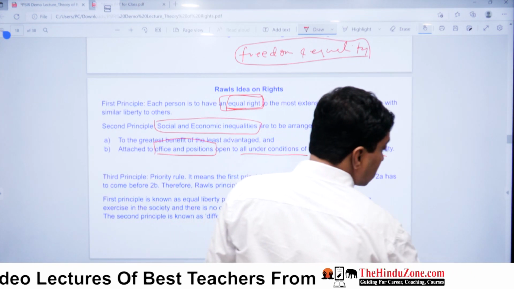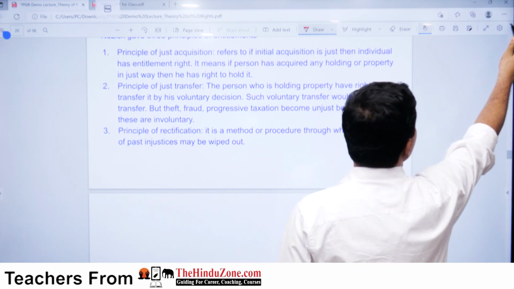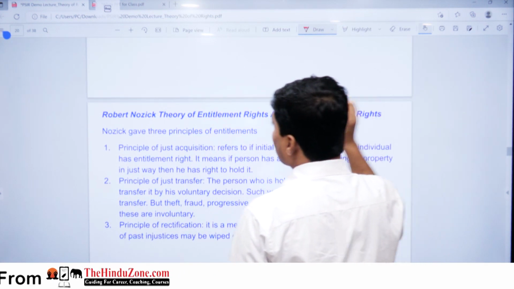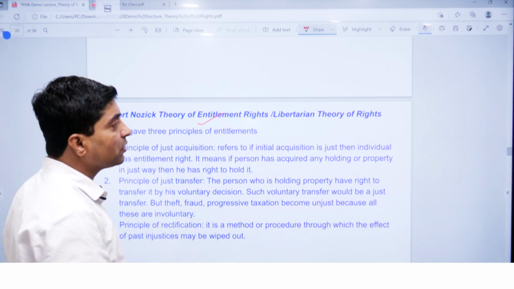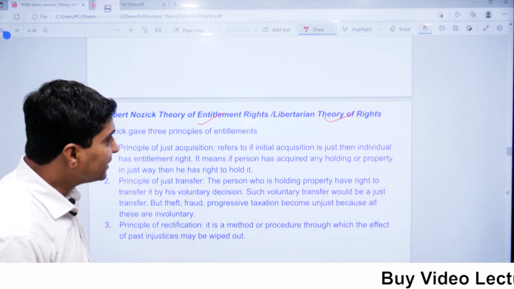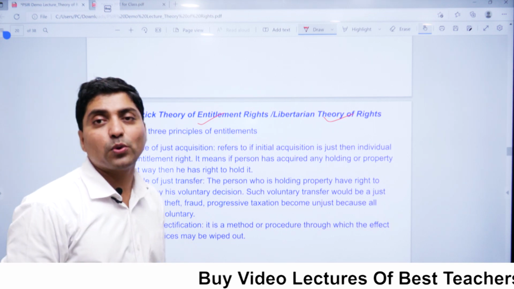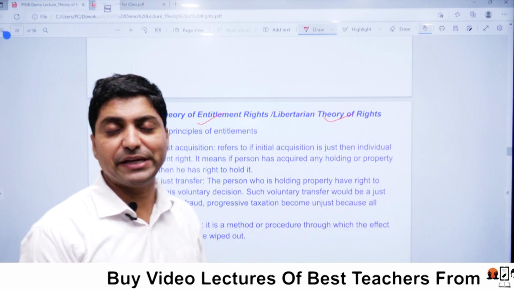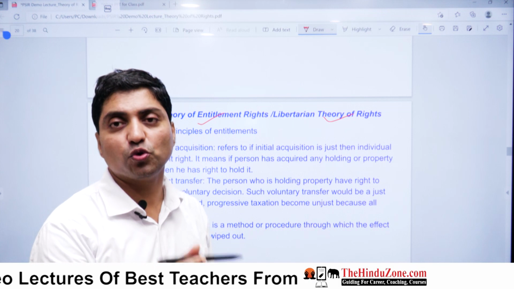His idea was rejected by Robert Nozick, and he gave a different theory of rights that is called the entitlement theory of rights or libertarian theory of rights. What he said is that if a person acquires any property by just means, then he has a right over that.